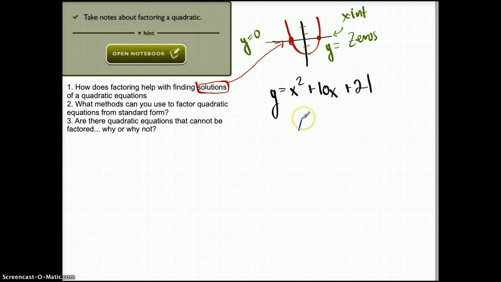That factored form was x plus 3 and x plus 7. What should this equal so I can find its solutions? I'll make this equal to 0. Now, if this equals 0, how do I find two numbers that will make this equal 0?